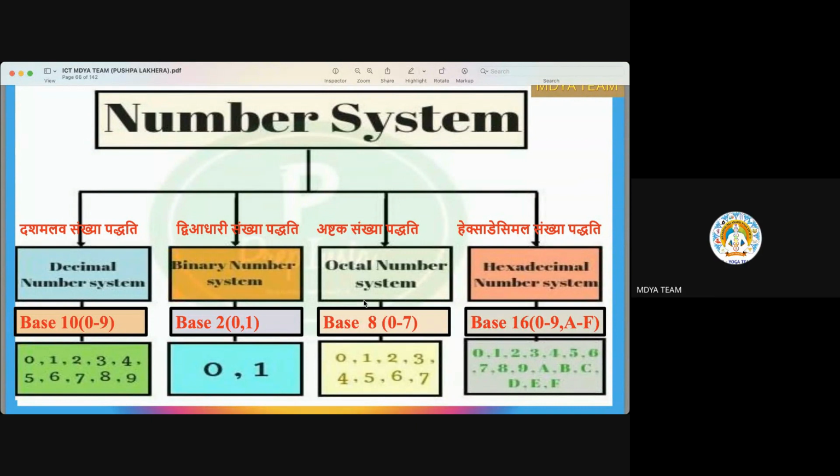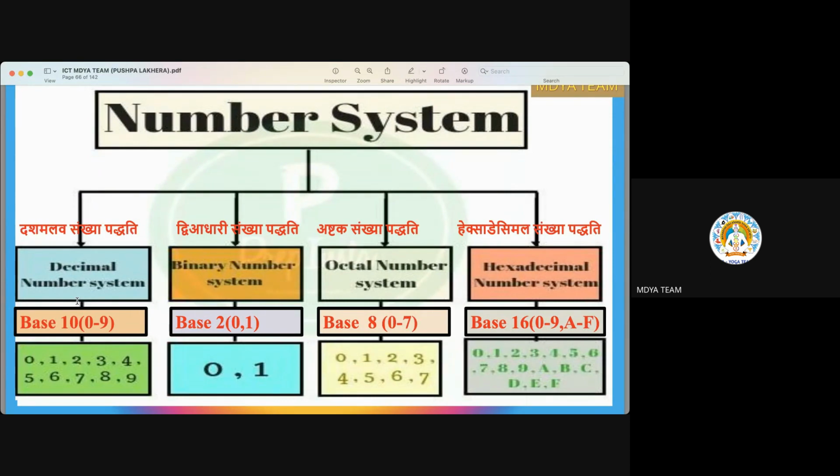So today we learn something about number systems, which are used in ICT in different equipment, computers, calculators. Basically, there are four number systems: decimal, binary, octal, and hexadecimal.